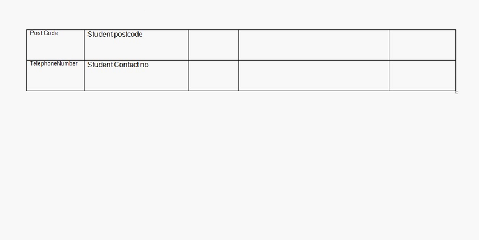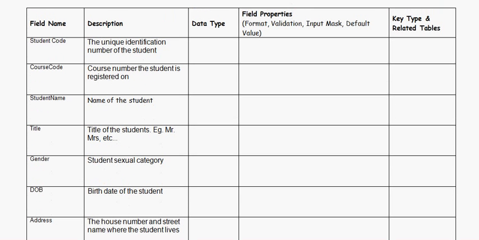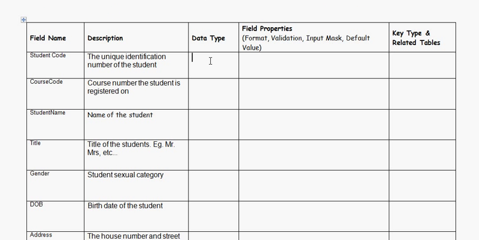The next thing you have to do is describe the data type for each of these fields. What is the data type? Basically, in order to recognize the data type for each of these fields, you have to see the values of each of these fields.